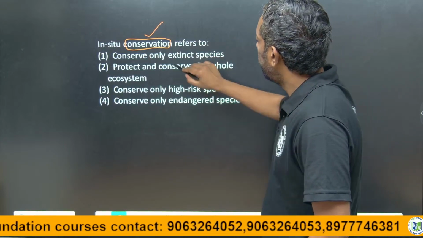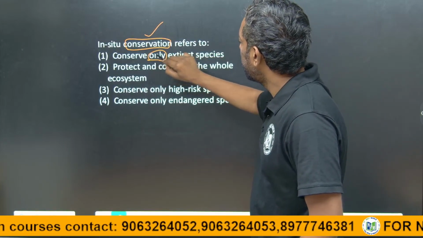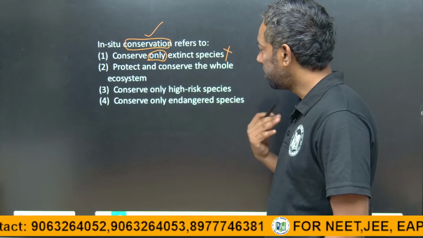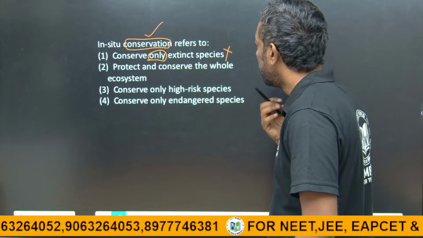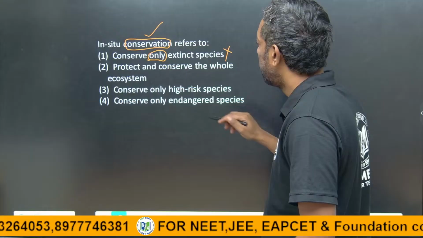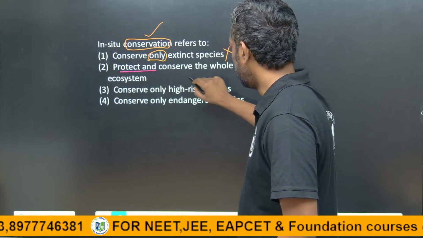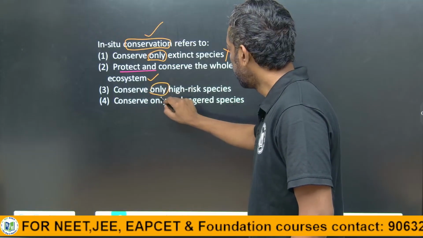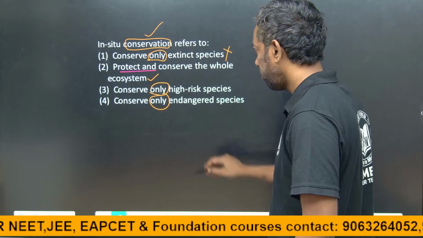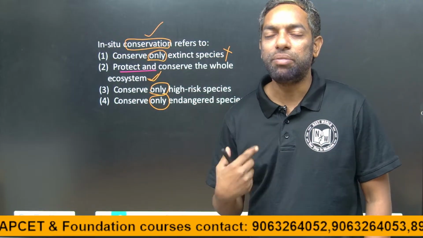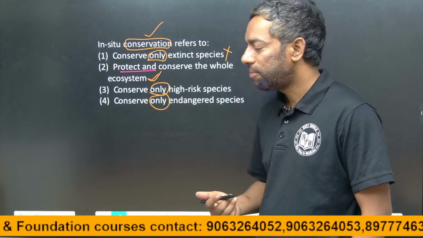It is not only about endangered species, no, it is about the conservation of biodiversity of all species, protecting and conserving the whole ecosystem. 'Only' is wrong, 'only' is wrong. If the word 'only' comes into the picture, just be careful, guys. Okay?